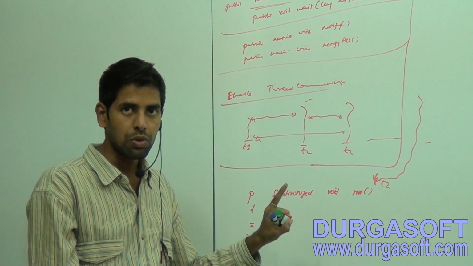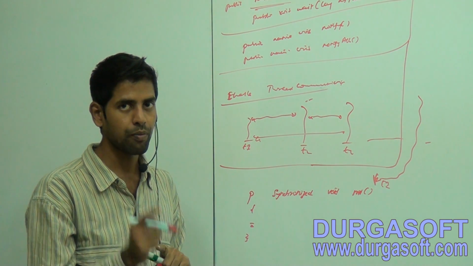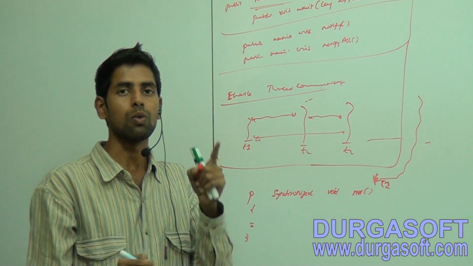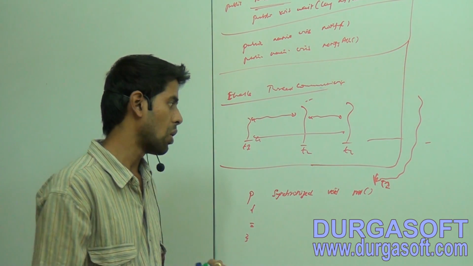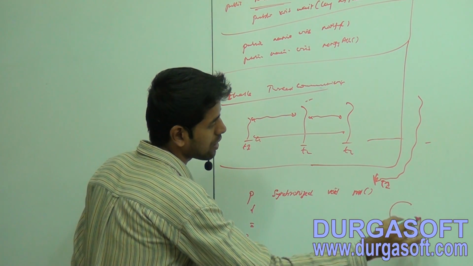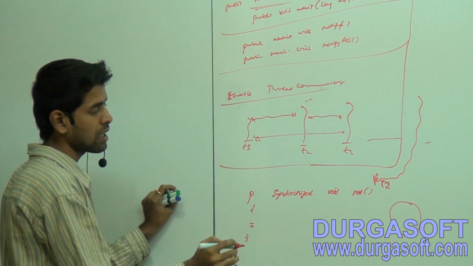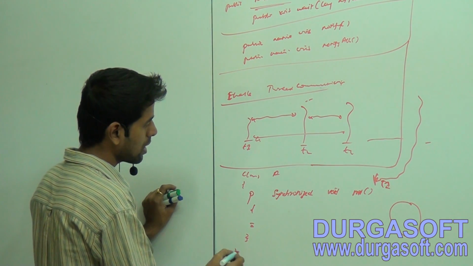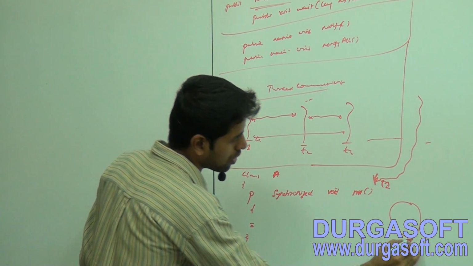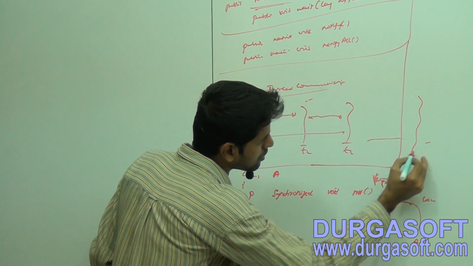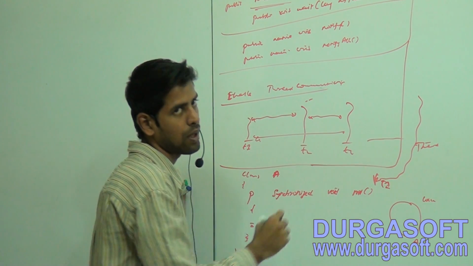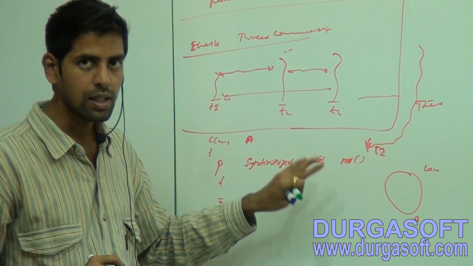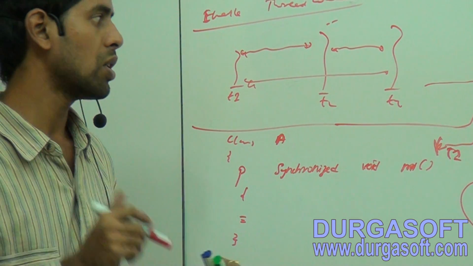Number 1, it cannot execute this method without acquiring the lock of an object, that is, the object of the class in which this method is available. The thread should acquire that object's lock. Understand my point?